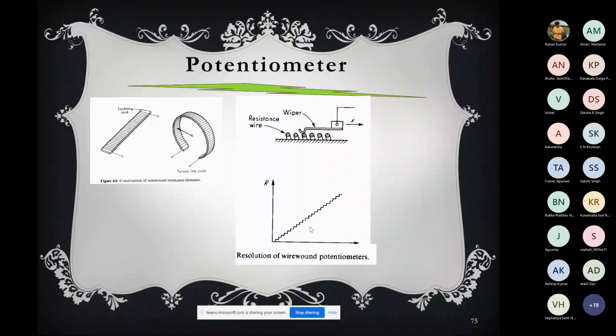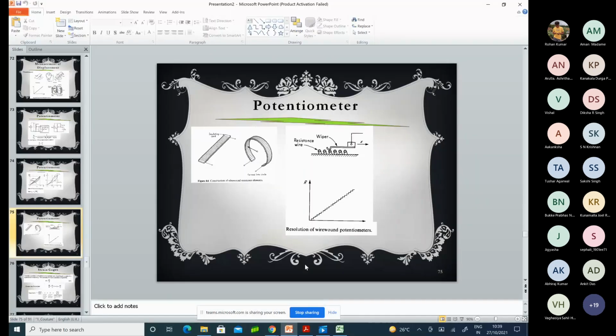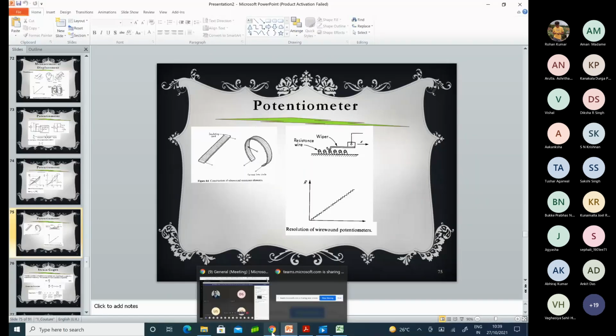So there are a lot of trade-offs when you design an instrument, and whenever you are going to maximize something, it might happen that it limits some other thing. So all those things you have to consider in your mind. Now, this is the end of the potentiometer. So for dynamic characteristics, you know the potentiometer is a zeroth order instrument, which all of you answered.